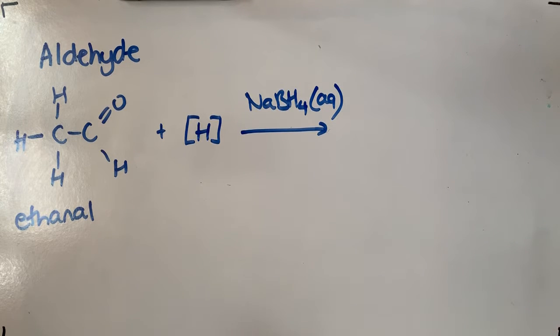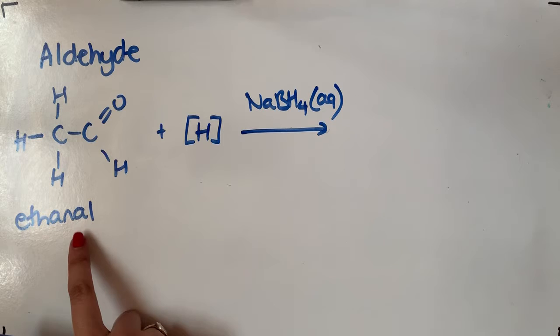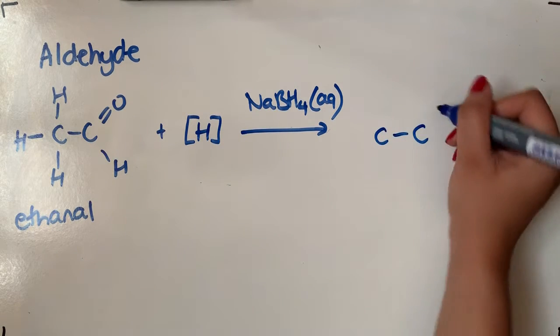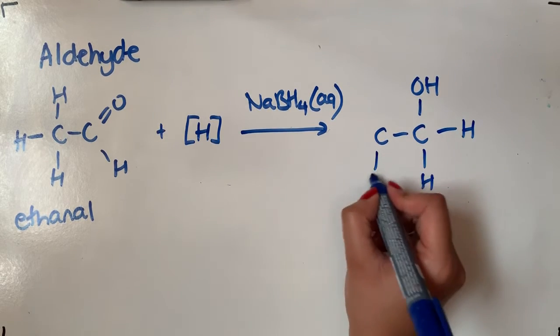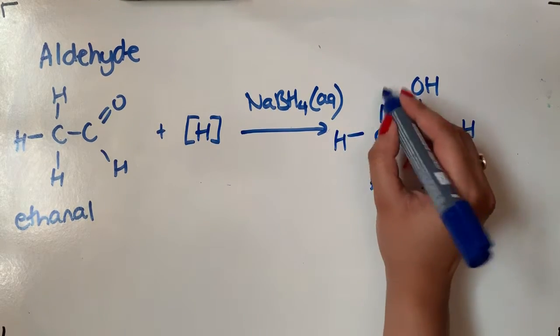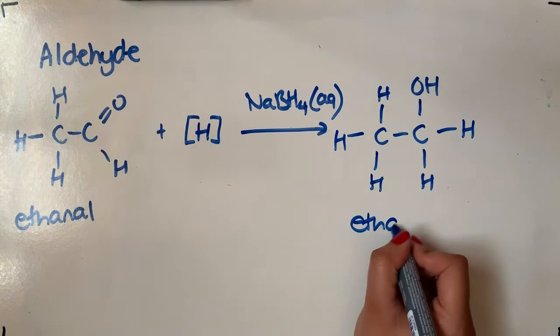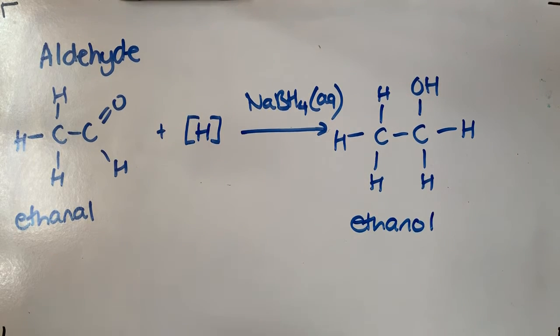So this is going to form the corresponding primary alcohol, that makes ethanol. So ethanol is made from ethanal, and therefore we'll be making ethanol in this reaction here. Okay, so that's our primary alcohol.